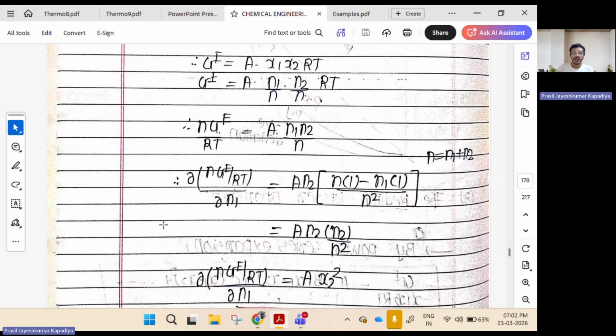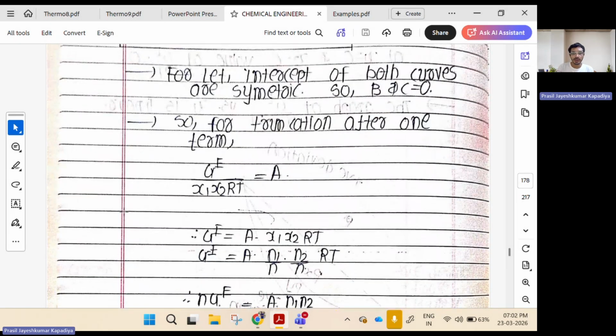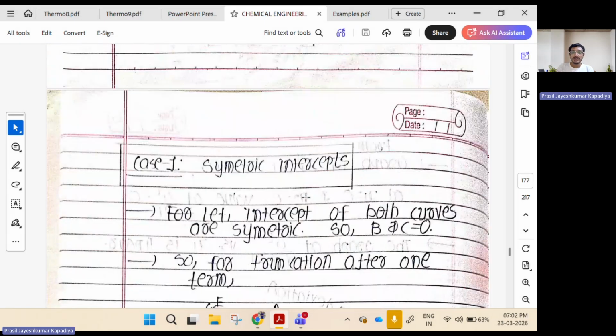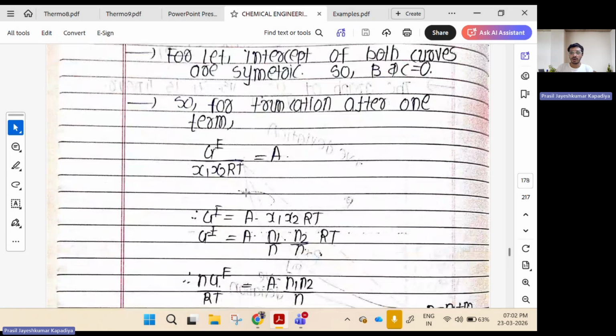So if I differentiate this equation with respect to n1, let's have a look at it again. For this power series expansion, let's say B is equal to 0 and C is equal to 0. So I will have GE by x1 x2 RT equal to A, so GE is equal to A x1 x2 RT.